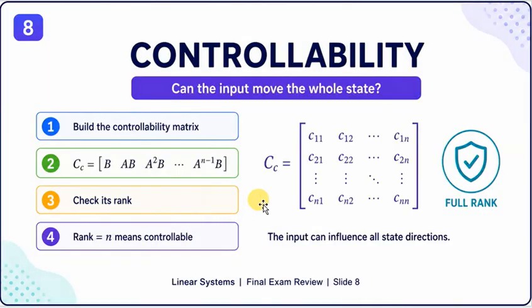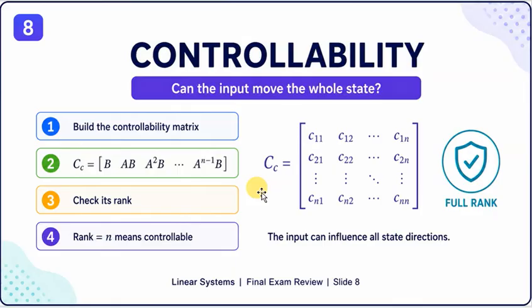Okay, concept number 7 is controllability. The main question here is, can our input move the system to any state we want? Or a better way to say this, can the input influence all independent state directions?